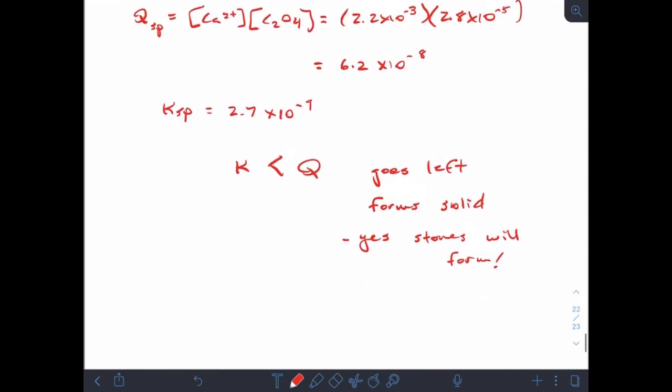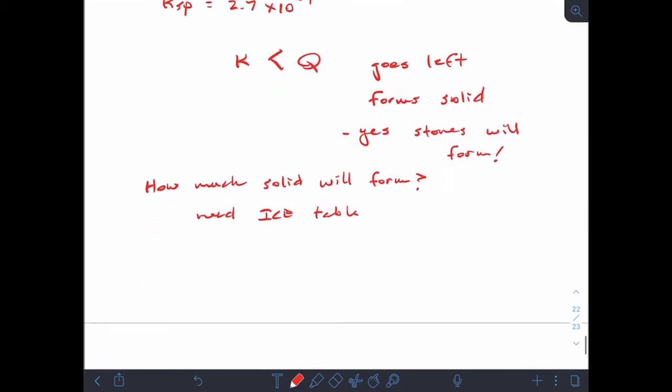Now the question is, how much solid will form? In that case, we need an ICE table, because anytime you have to calculate equilibrium concentrations, that's what we have to do.